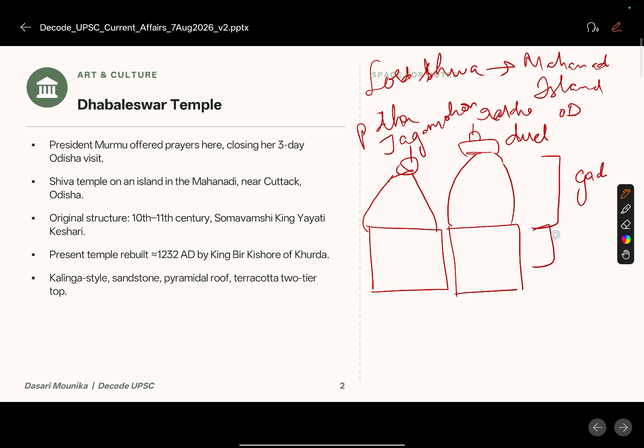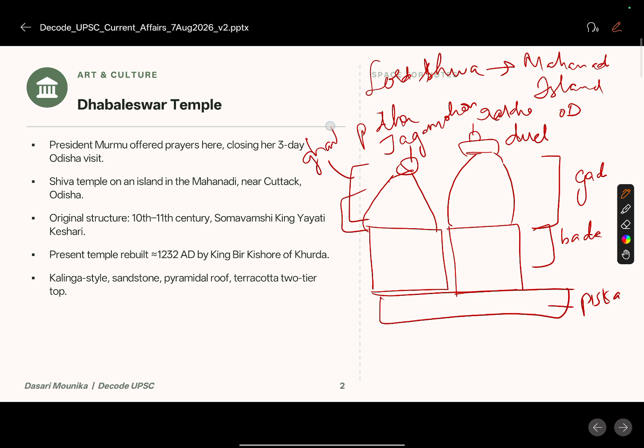This lower part is called Bada. And the temple rests on a structure which is called Pista. And in Pida Jagan Mohan, there are two other important terms: the initial one is Ganta and the lower one is Pida.